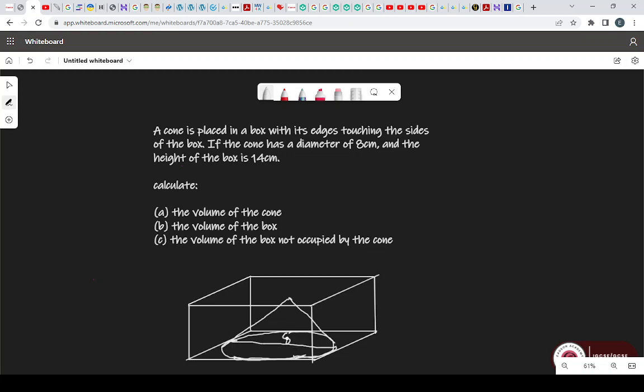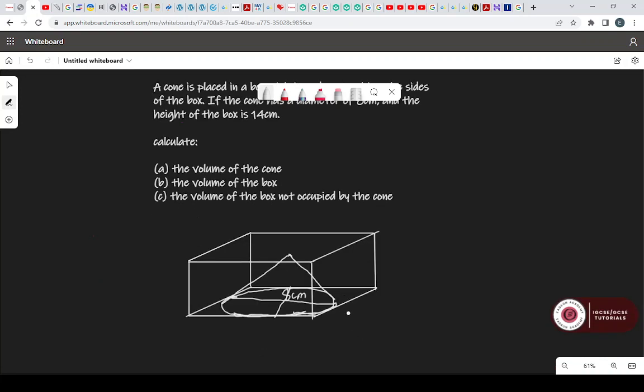This is 8 cm. We know that the base of a cone is a perfect circle. So if from here to here is 8 cm, this side also is 8 cm. That means the length and width of this box is 8 cm respectively. That means it's a kind of square box.